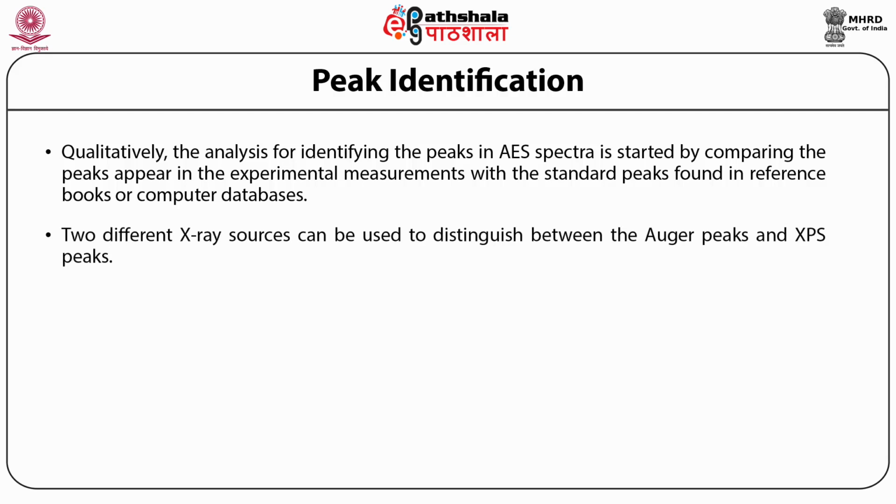Two different X-ray sources can be used to distinguish between the Auger peaks and XPS peaks. The kinetic energy of an Auger electron does not change with the energy of the primary X-rays.